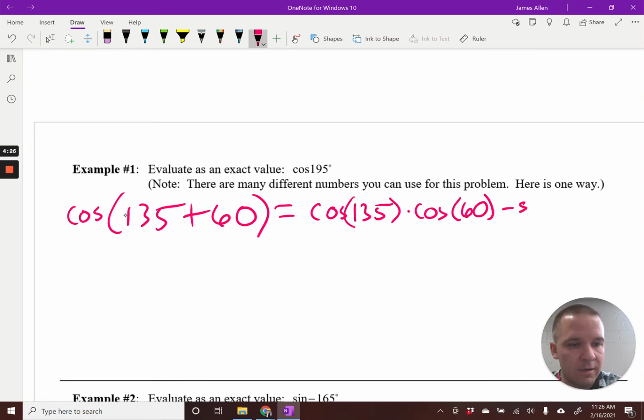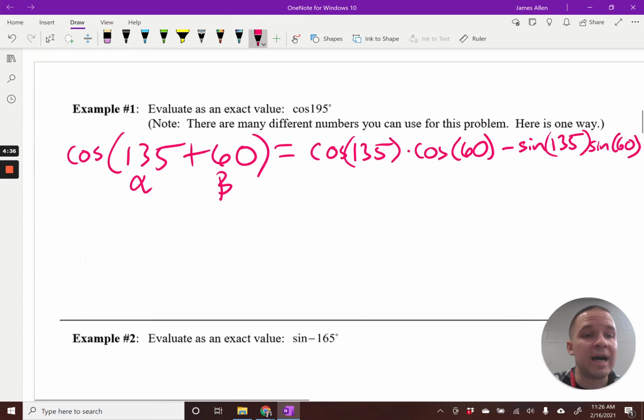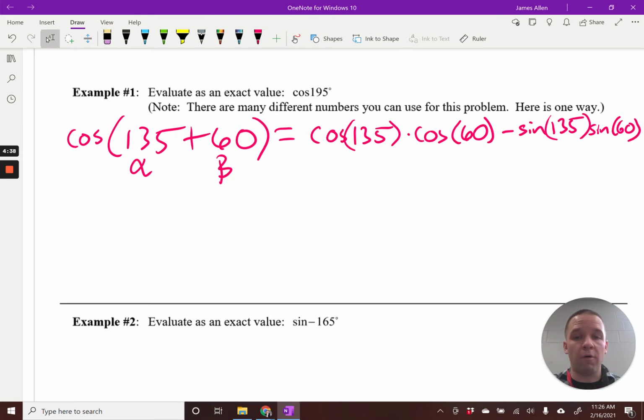So sine of 135 and sine of 60, right? This is my alpha, that's my beta, okay? Now we're just going to evaluate all four of these. Fun stuff. So cosine of 135, that's a 45 reference, so it's root 2 over 2, but it's in the second quadrant, so it's negative. Be very careful with these.